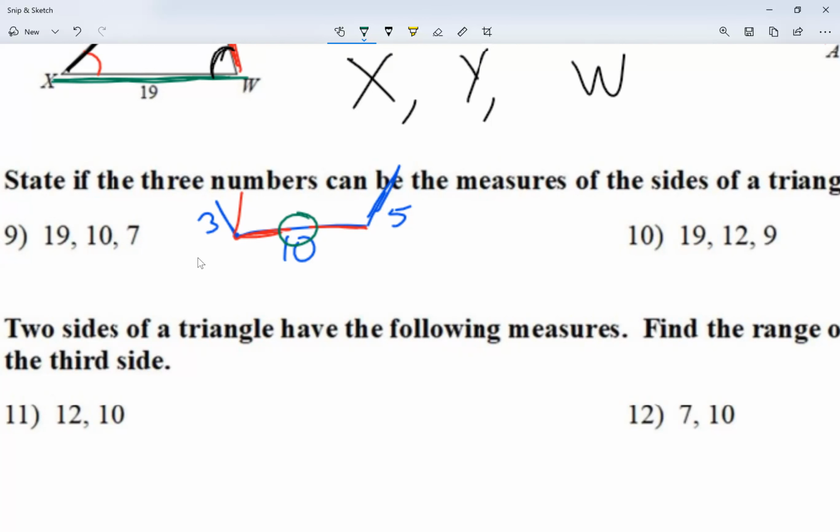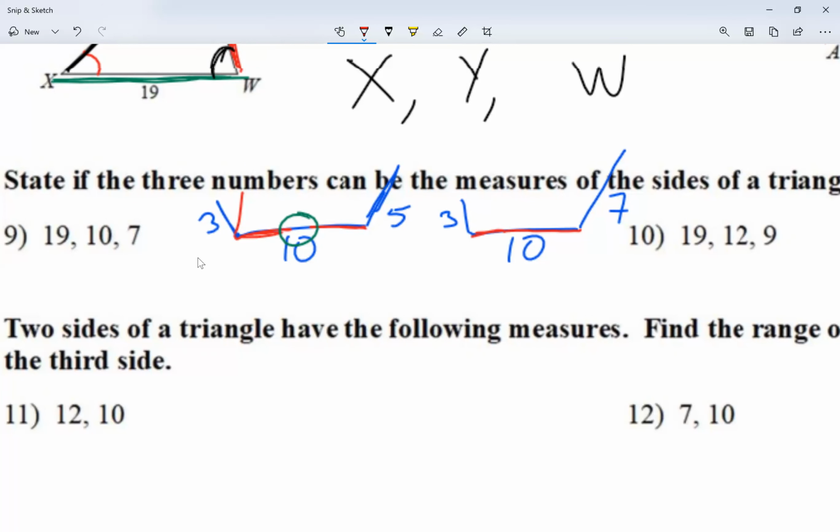Let me show you guys a second example. What if I have a side that is 10, and then I have a side that is 3, and then I have a side that is 7? What if the two small sides, 3 plus 7, is equal to 10? Now, if I start moving my 3, I can put it here. And then if I move my 7, they do intersect.